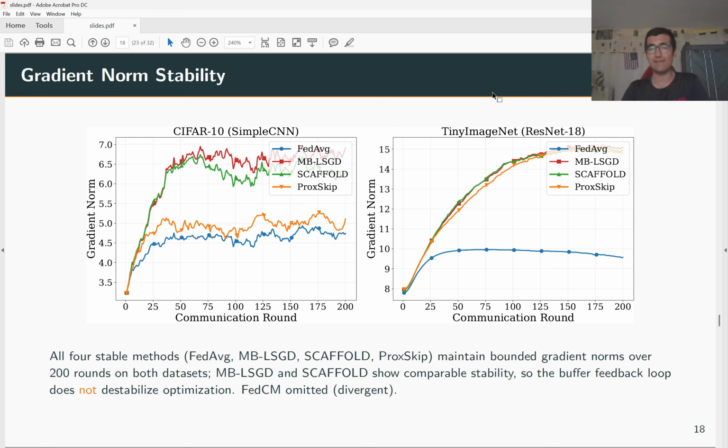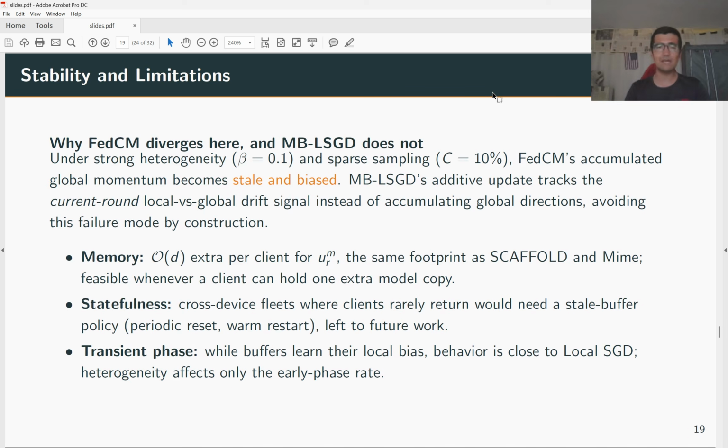All four stable methods, FedAvg, MB-LSGD, SCAFFOLD, and ProxSkip, keep their gradient norms bounded throughout training. There is no explosion, and MB-LSGD's stability is comparable to SCAFFOLD's. FedCM is omitted from the plot because its gradient behavior is divergent. So the answer is no. The buffer feedback loop does not destabilize the optimization dynamics.